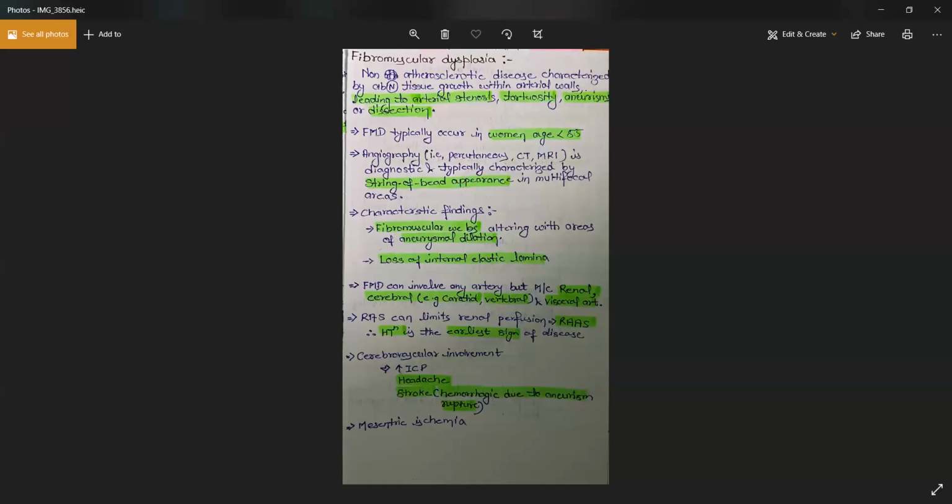If I draw this, if this is your normal vessel, then in fibromuscular dysplasia, alternate areas become stenotic because of the fibrotic webs, and other areas become dilated: stenosis, then dilation, then stenosis, then dilation. That kind of thing will be seen on the angiography. In the fibrotic areas the vessel becomes very stenotic, while in areas with loss of internal elastic lamina the vessel becomes dilated because of high compliance.